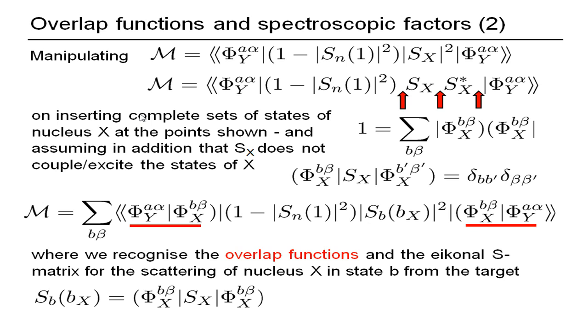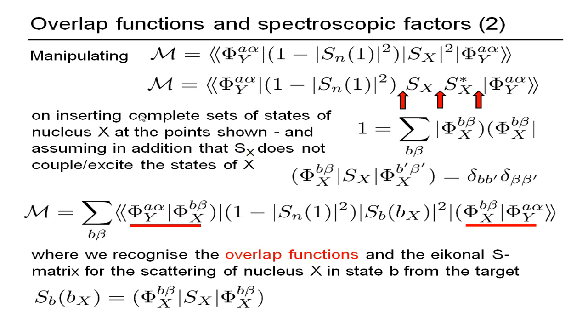All right, so if you do this, and it's a very simple pen and paper exercise to make these substitutions and simplify using this approximation, then the object that we wanted to start out with reduces to an equation which involves only the overlap functions on the outside. So something looking very like our bound state that we were working with originally.